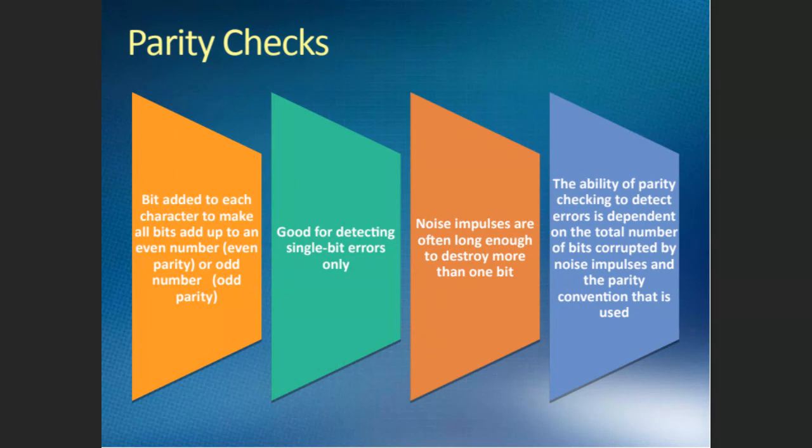It's good for detecting single bit errors only. Noise impulses are often long enough to destroy more than 1 bit. The ability of parity checking to detect error is dependent on the total number of bits corrupted by noise impulses and the parity convention that is used.